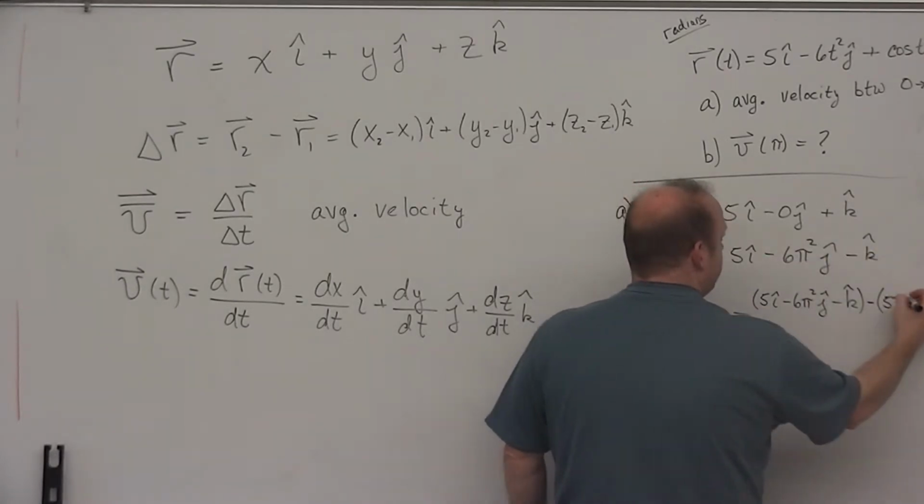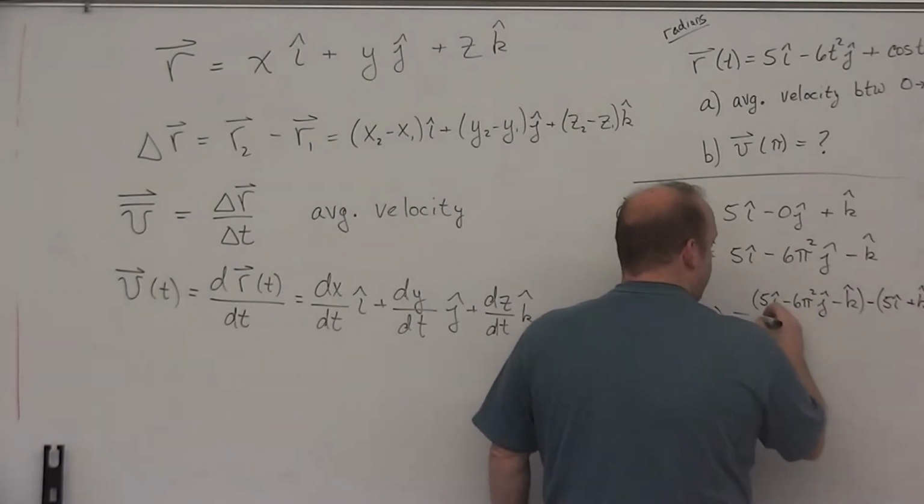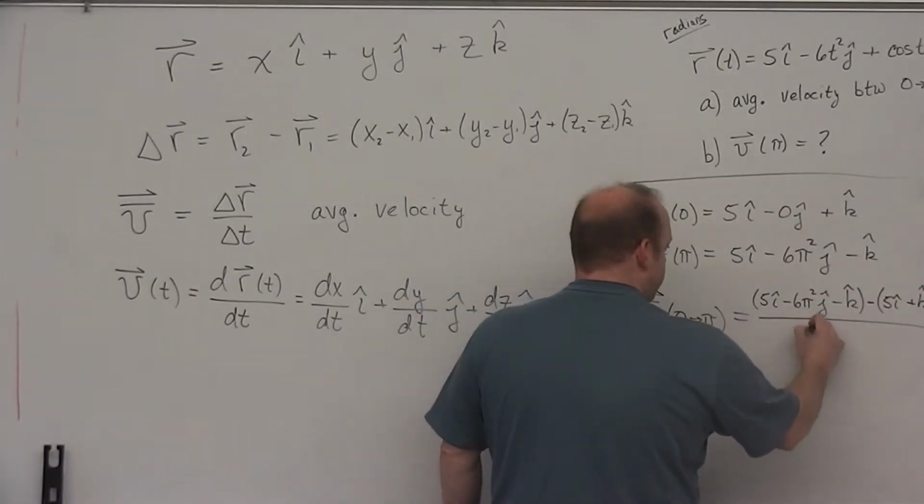I'm going to take that out for space purposes, plus k hat. This is all over delta t, which will be pi minus 0.